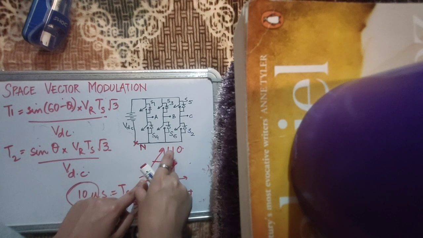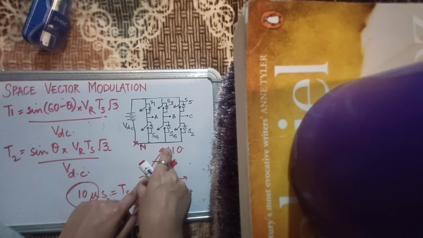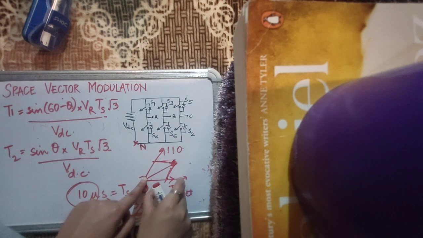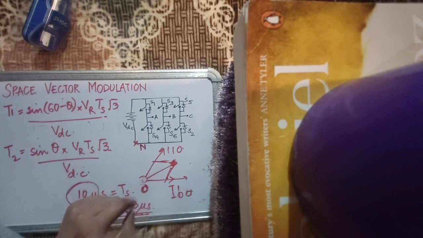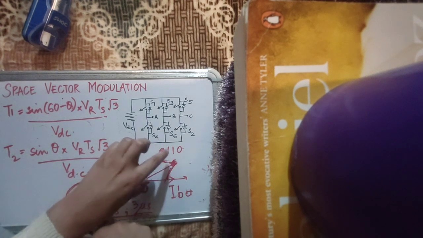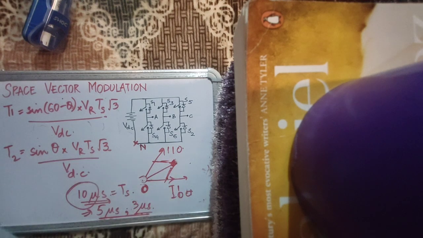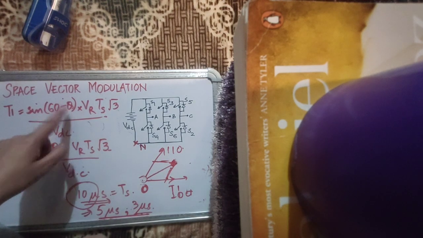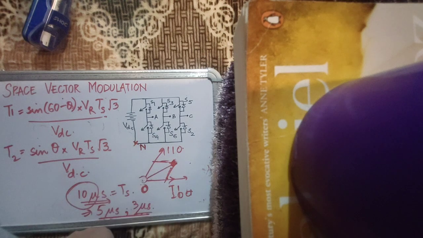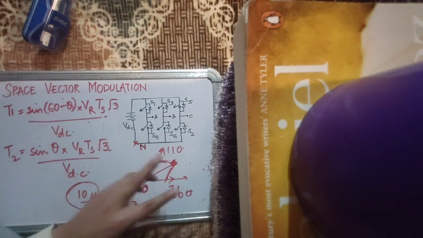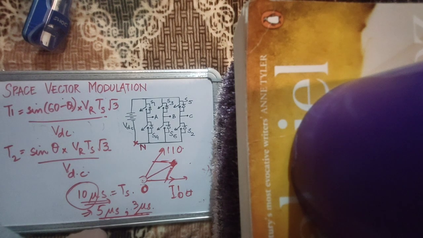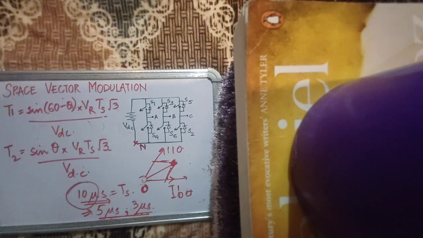And automatically when the reference vector has moved position, at that time your T1 will change, your T2 will change, and automatically your zero state will also change. Your reference space phasor will continuously rotate, and continuously you will monitor its position theta, continuously you will monitor its sectors, and continuously you find the T1 and T2, the times for which its enclosing vectors have to be switched. So that is the concept of space vector modulation.